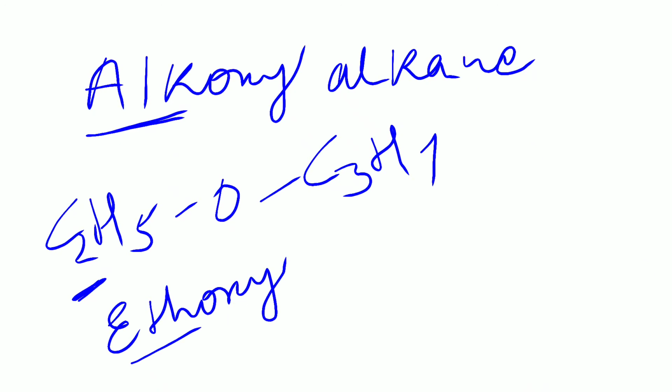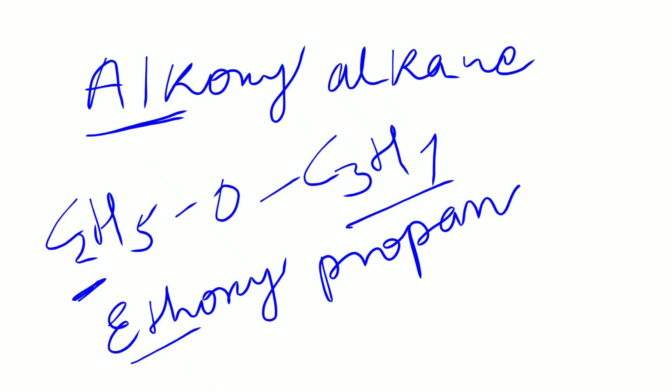Eth means 2 carbons, oxy is the suffix, and it is propyl, but since it has more carbons than ethyl, we will write propane. So in this way we can get the IUPAC name of ethers.